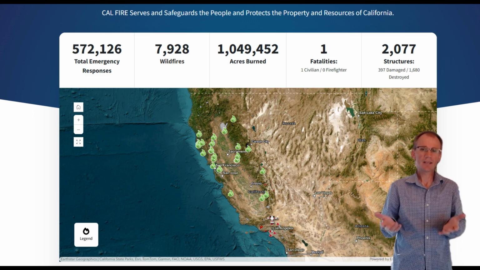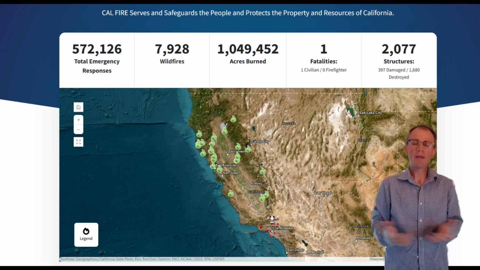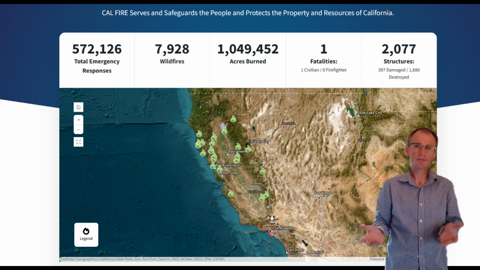But the reality is, again, with rights of way, this is why it's so important that we don't have that brush and those weeds growing close to the roads, because it just leads to more and more of these wildfire situations. And also, making sure that the brush and debris is trimmed back from the roads really helps firefighters.